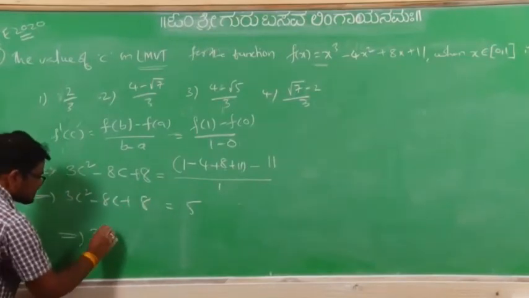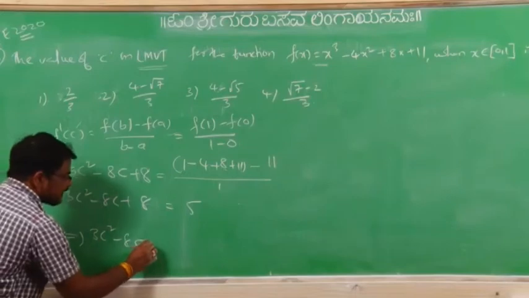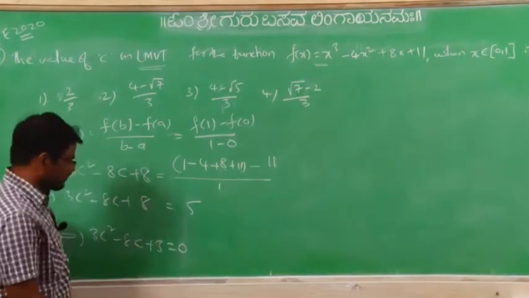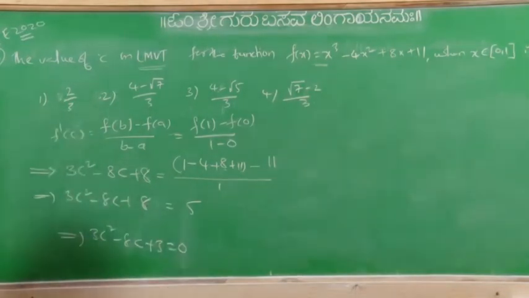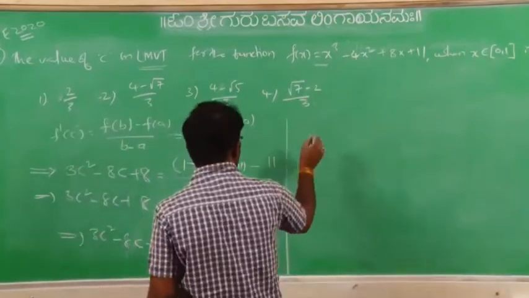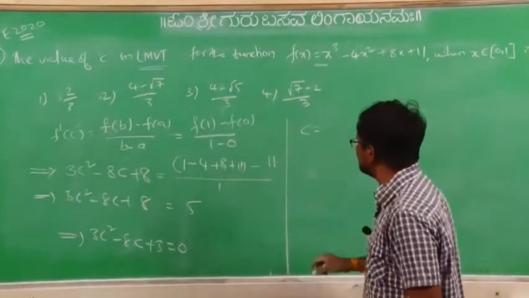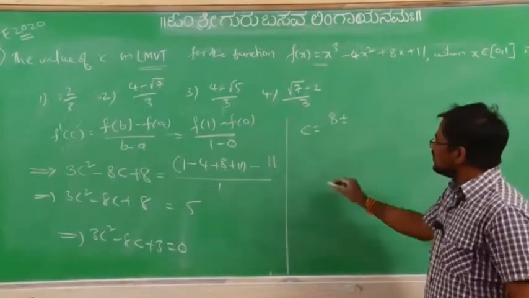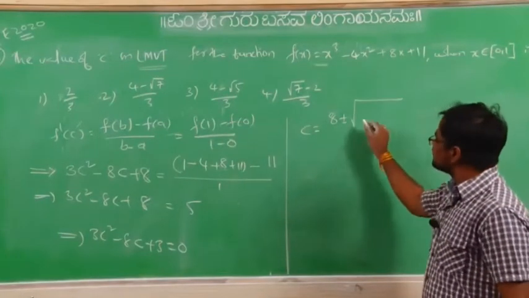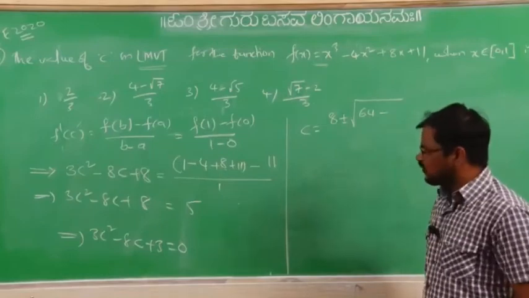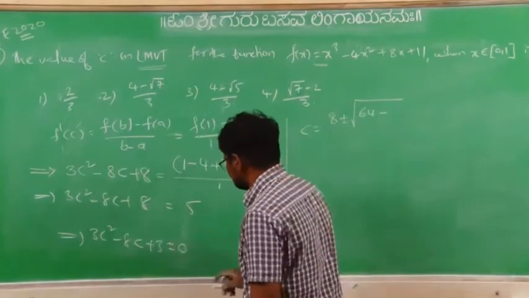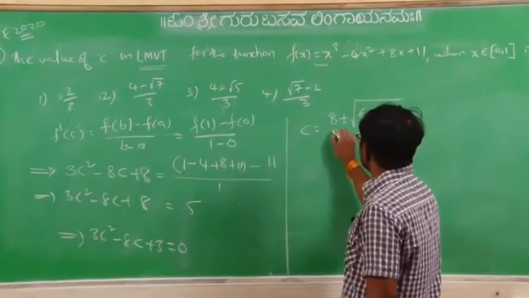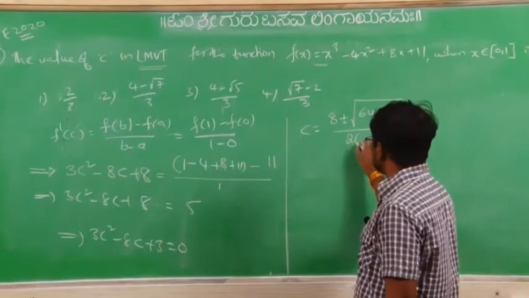Simplify: 3c square minus 8c plus 3 equal to 0. Do you have the factors? No, so apply the formula for finding the roots. C equal to minus b plus or minus root of b square minus 4ac, divided by 2a, that is 2 into 3.